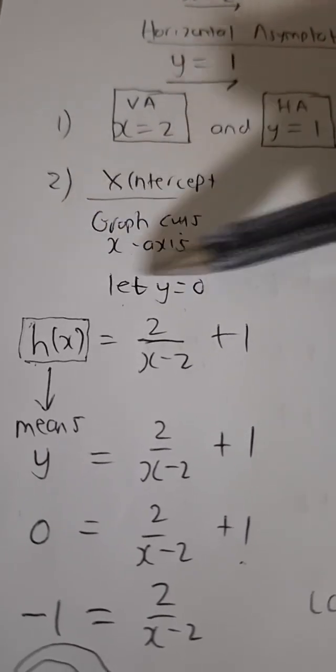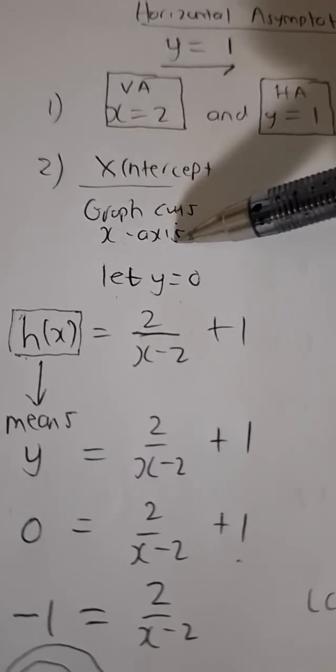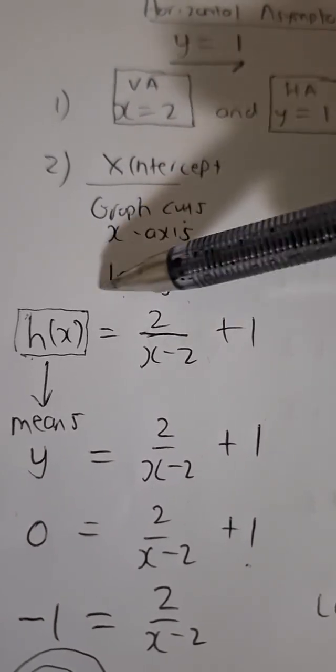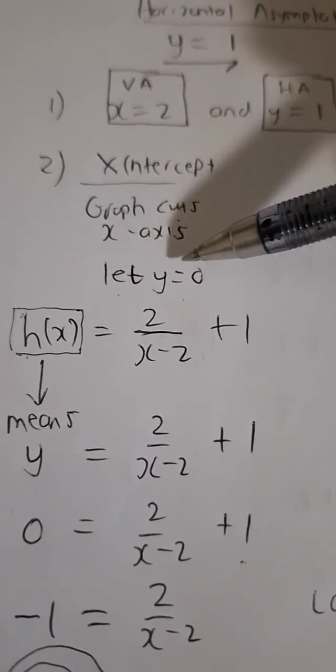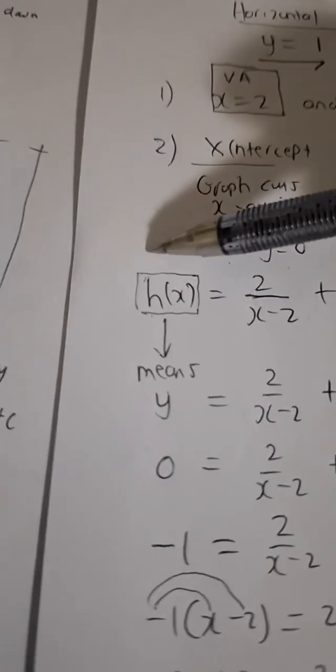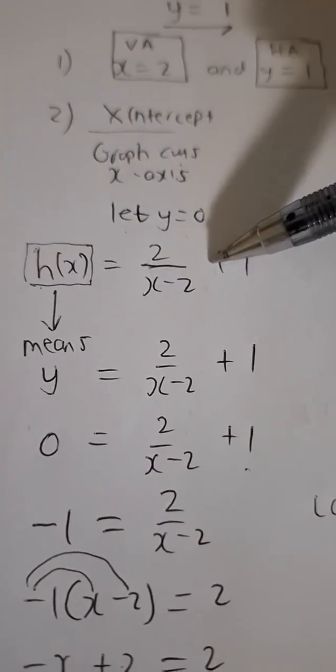So there, where the graph cuts the x-axis, what do we know? We know that there y is equal to 0. So what we do is we take y equal to 0 and substitute it in the function that we've been given.